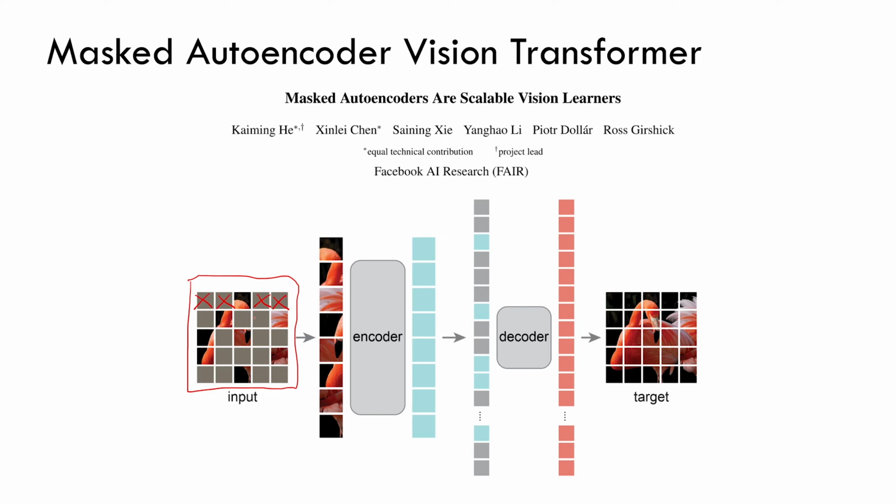If I remember correctly, 75% of the patches are masked out. Then they only take the visible patches, create a linear sequence, and give it to the encoder of a transformer, which still produces a sequence as output, as we saw before.